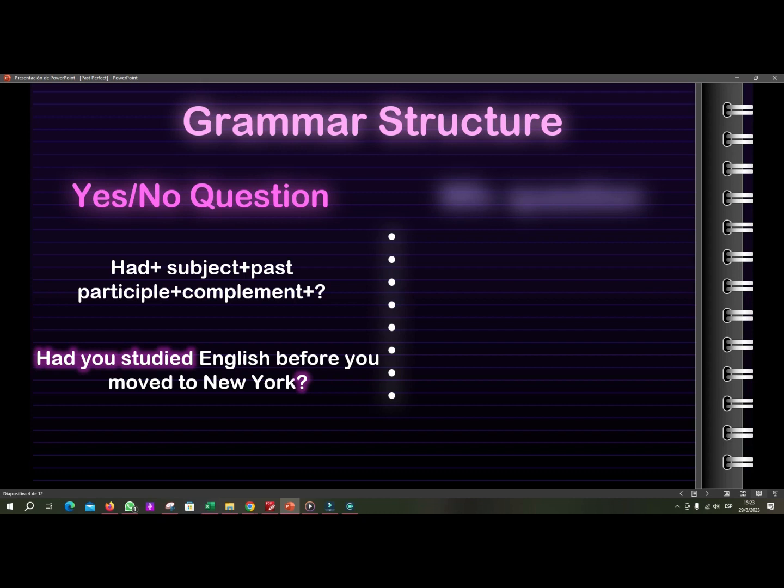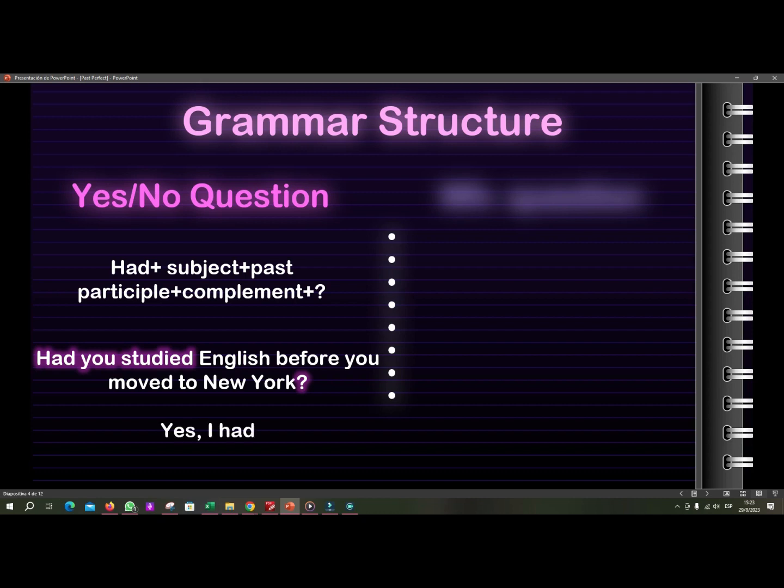So there you have first had plus subject plus the verb in past participle. In this case, that is a regular one that's going to add ED, right? And the complement, and also the question mark at the end.